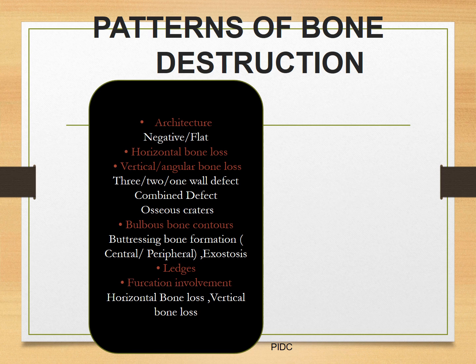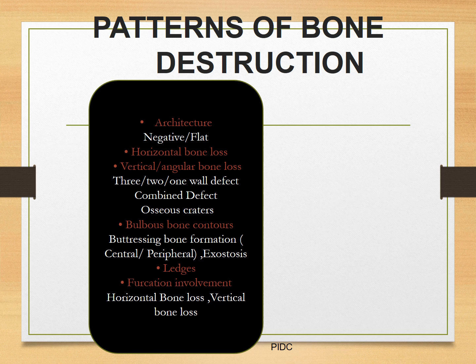The ideal one, the positive, is where the interdental bone is coronal to the buccal bone. Negative architecture is where the interdental bone is apical to the buccal bone. In the flat one, both the buccal and interproximal bone are at the same level.